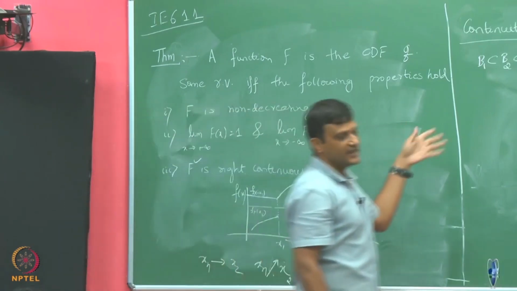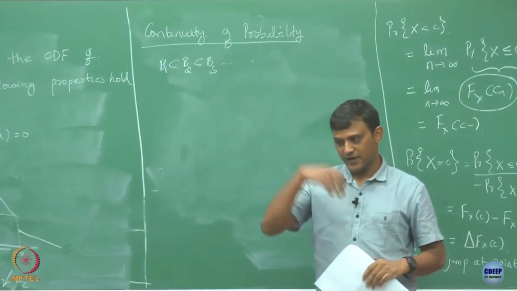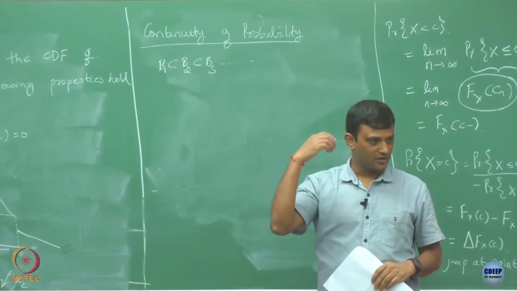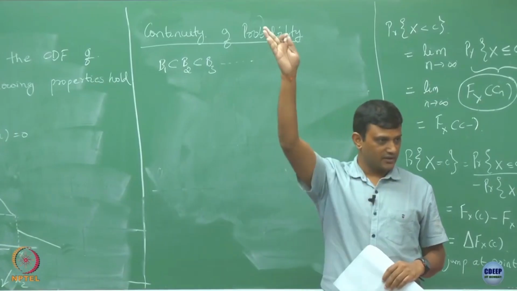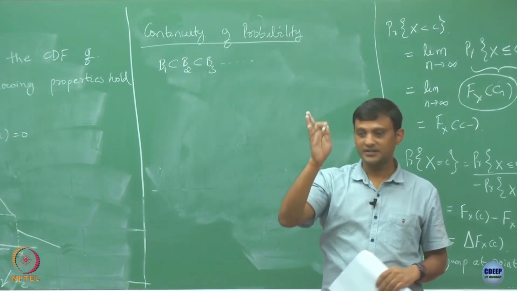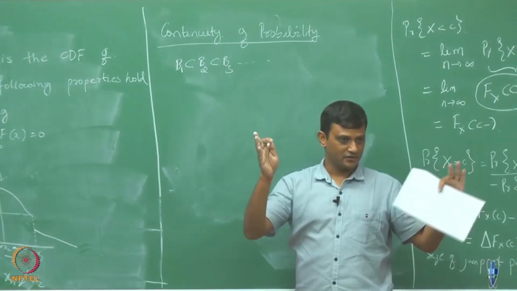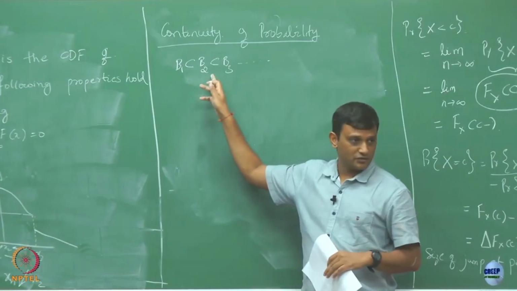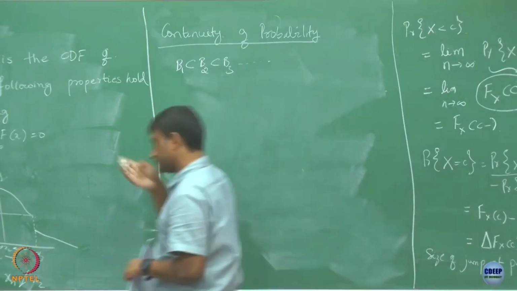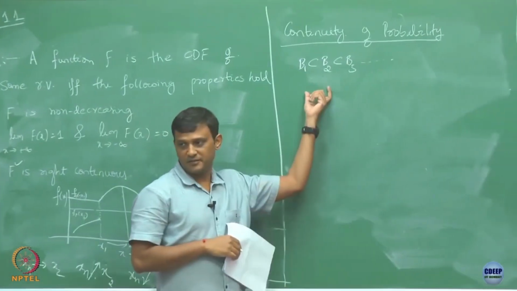So let us say we also look at a sequence of sets, and we are going to define the limit on monotonically increasing sets. When I say monotonically increasing sets, that means they become larger and larger. B1 is contained in B2, B2 is contained in B3, like this. Now in this case, what is the notion of limit?